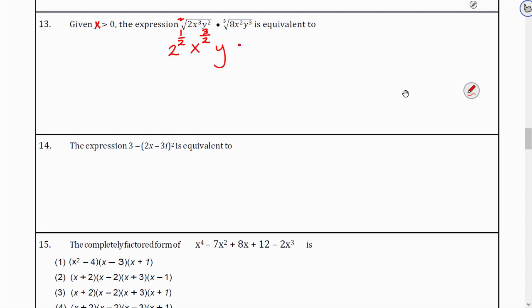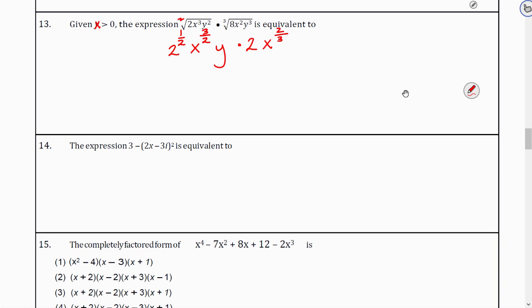Now, the cube root of 8 is 2, because 2 times 2 is 4, 4 times 2 is 8. The cube root of x squared, again, is power over root, so I have x to the 2/3.